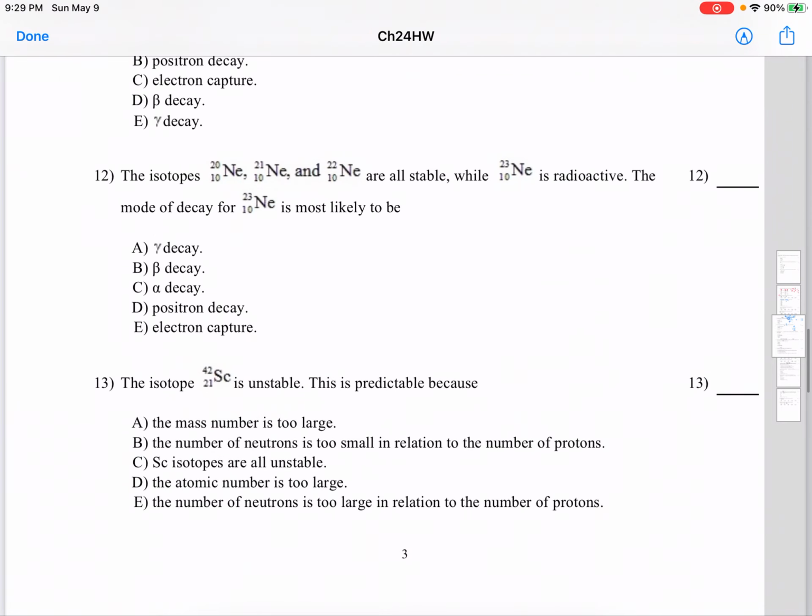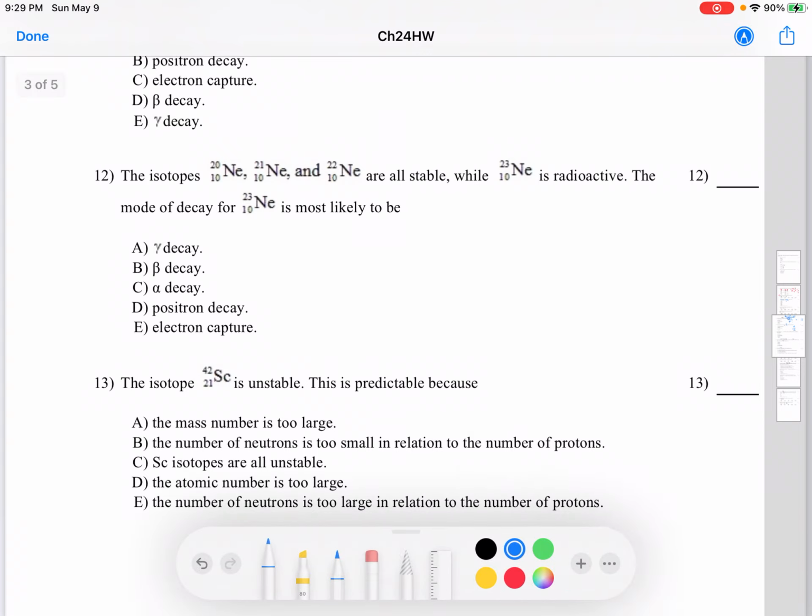Number 12, the isotopes neon-20, neon-21, neon-22 are all stable, while neon-23 is radioactive. What do you think would be the mode of decay of neon-23?